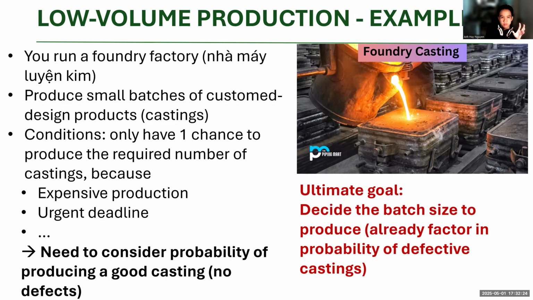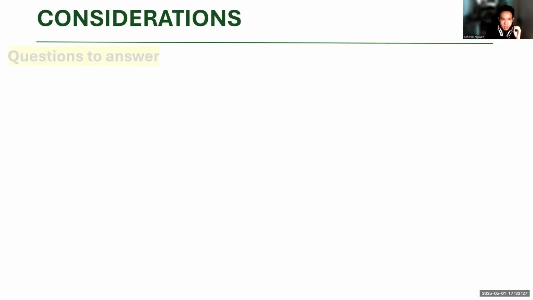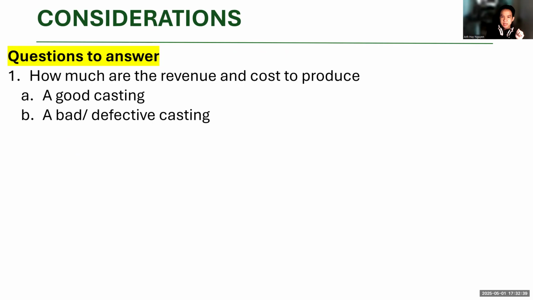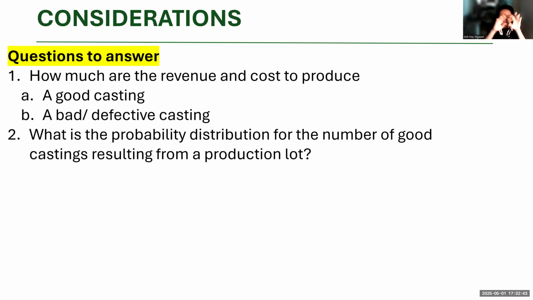So here are some of the considerations. You need to answer two questions. How much are the revenue and the cost to produce a good casting and a bad casting? And the second question is, what is the probability distribution for the number of good castings resulting from a production lot?